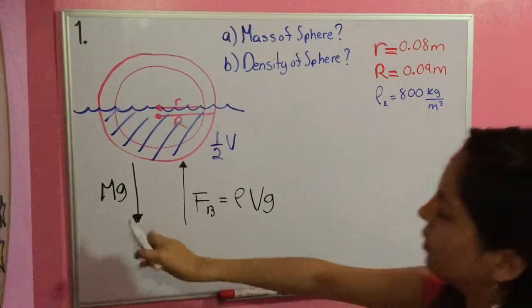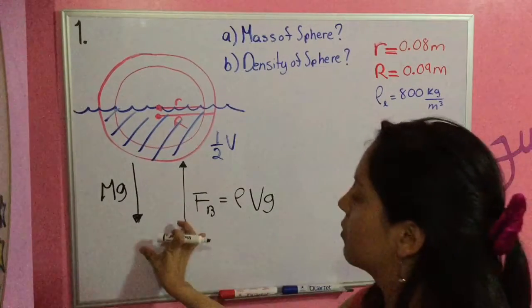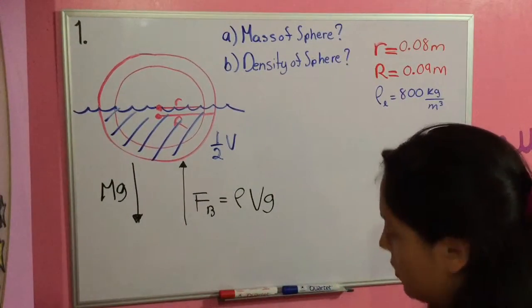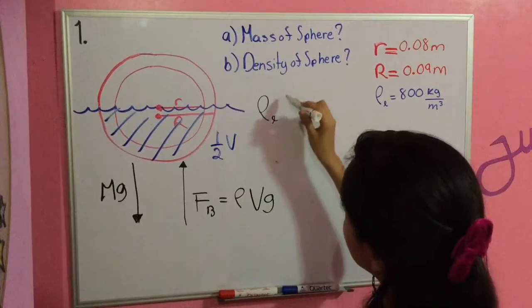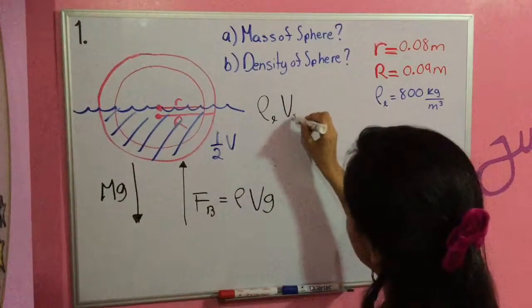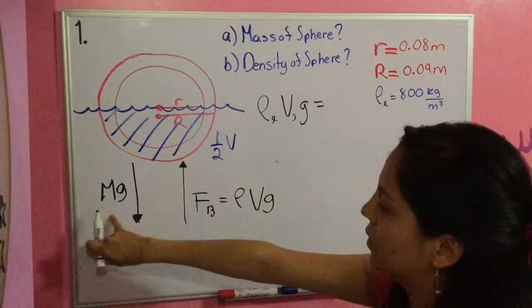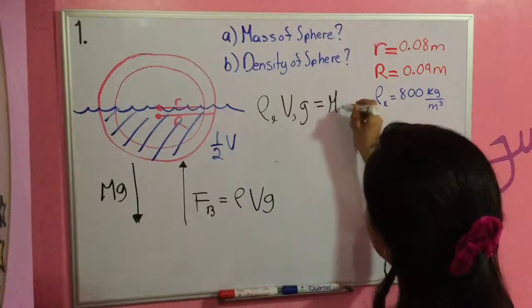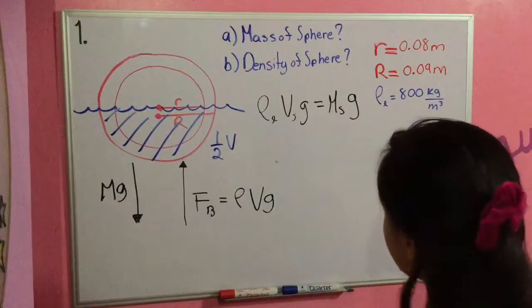And since we know that these two forces are equal, we can set up this equation. So the density of the liquid times the volume of the sphere times the gravity equals the mass of the sphere times the gravity.